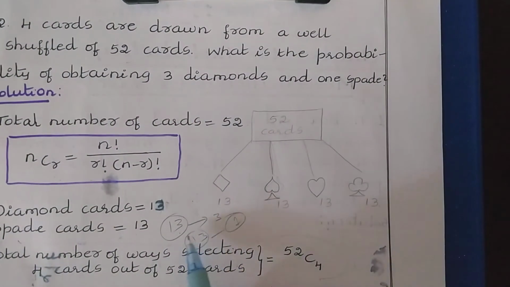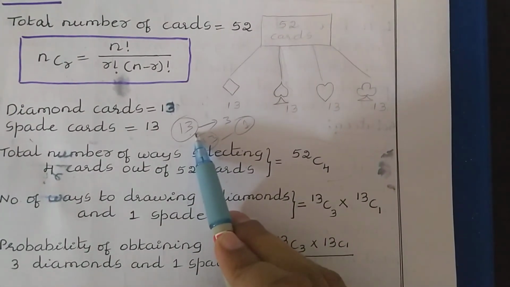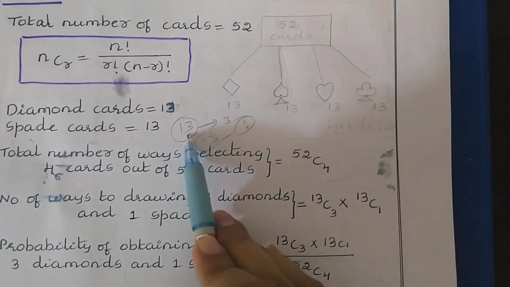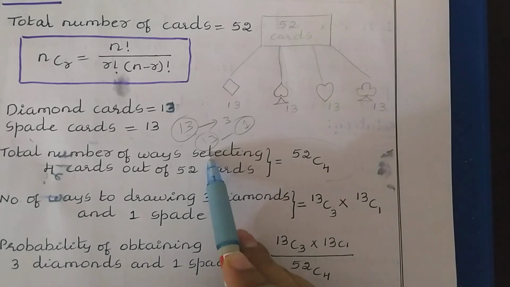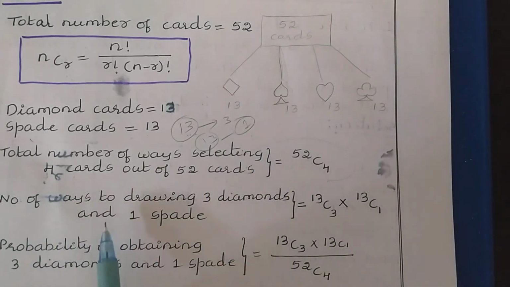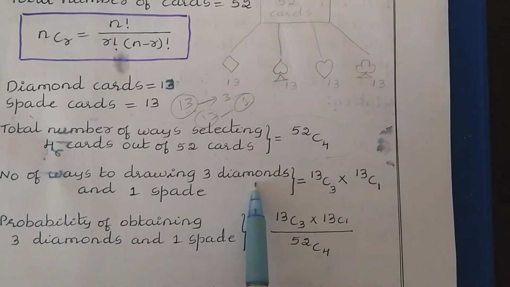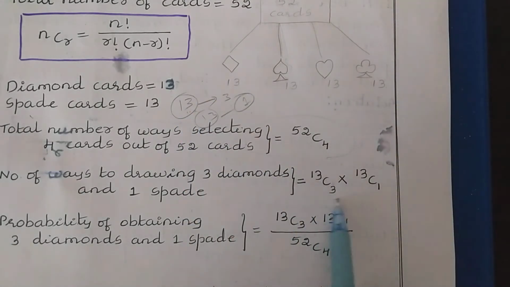So here we can write this as selecting 3 cards from 13 diamonds and selecting 1 card from 13 spades. So number of ways to draw 3 diamonds and 1 spade is equal to 13C3 into 13C1. This is to select 3 cards from diamond and this is to select 1 card from spade.